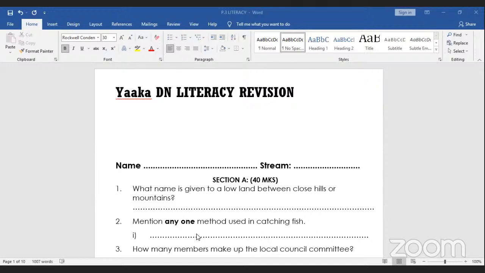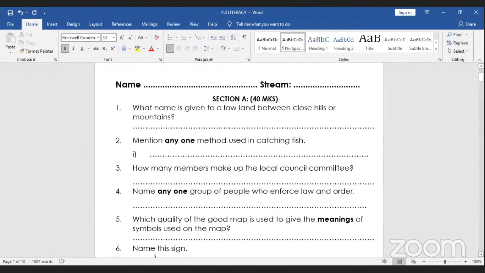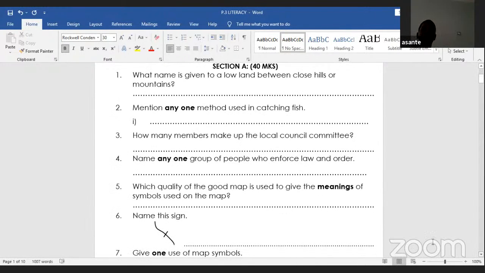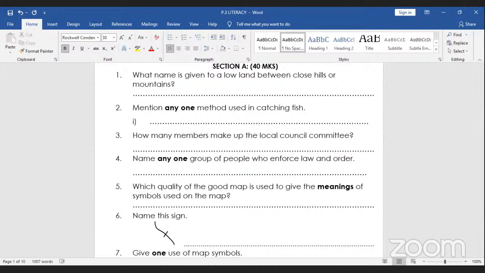So you go through number 2. You first read the question, then you answer.